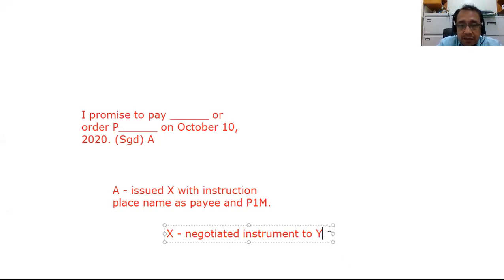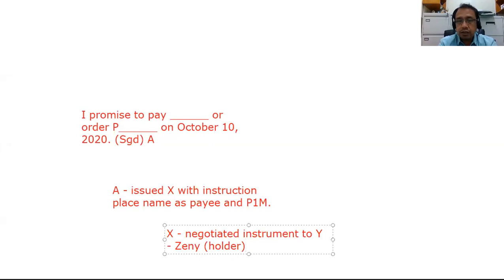So still, kapag tinanggap niya yan, he should still place the name of X and then place the amount of 1 million pesos. Kung Y, ninegotiate niya yan sa ibang tao, to Z na naman yan, then ganun din. Follow the instruction. Why is that? So that if this instrument will be completed, then it will be binding as against those individuals whose signature appeared thereon prior to completion. Okay, so assuming that this instrument now is in the possession of Zeni, our present holder.